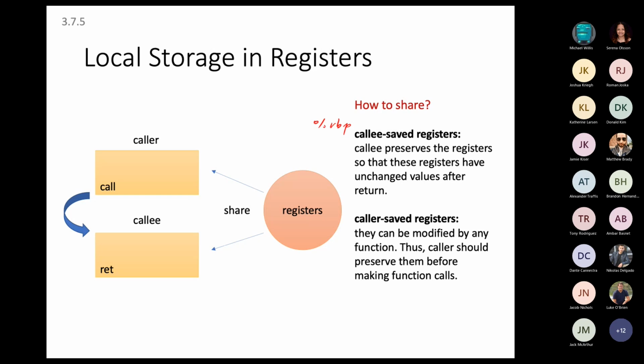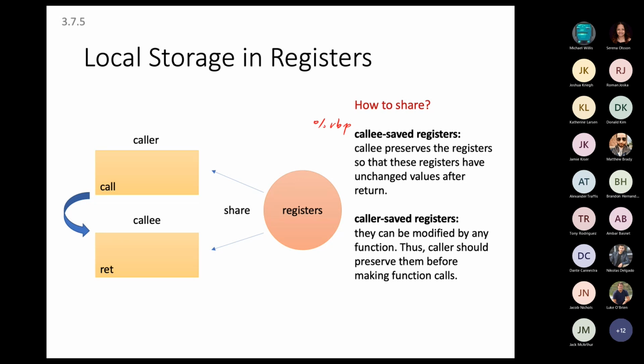And the second case we call the caller saved registers. It assumes the caller doesn't have the priority. The callee and the caller have equal rights over using the registers.